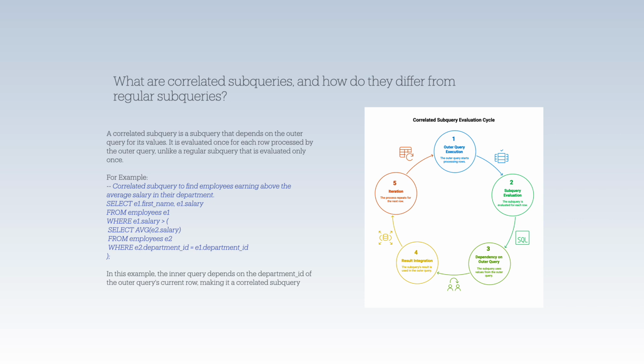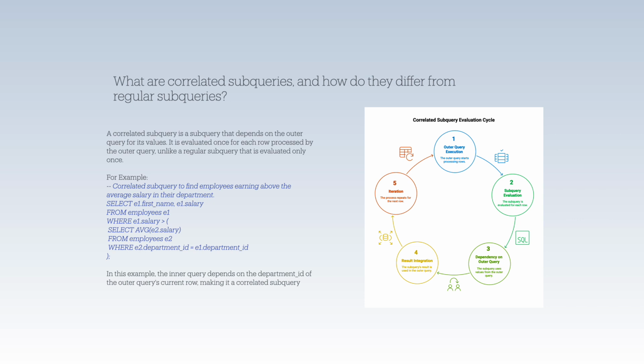The outer query is very important; it depends mostly on the outer query. Access to the outer query inside the subquery is possible. Other subqueries are independent of the outer query, and they perform much better compared to correlated subqueries.